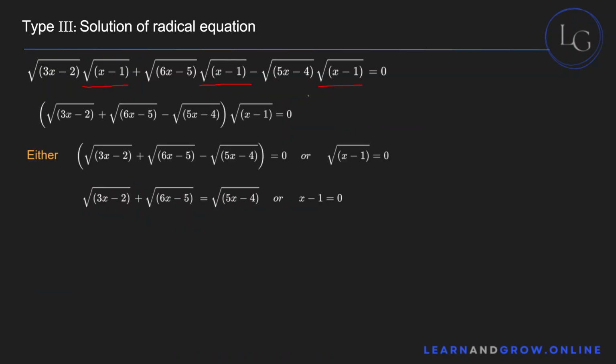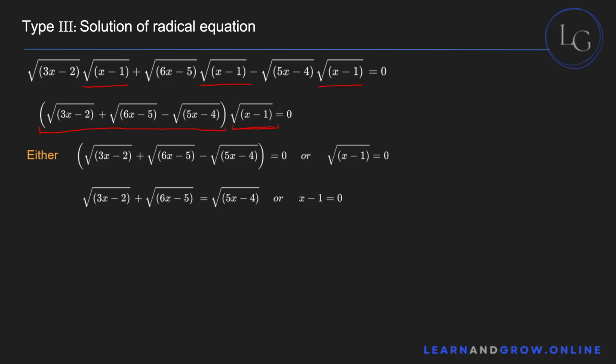So, you've taken the term on the right hand side to the left hand side and put a 0 on the right hand side, and now you've taken the under root x minus 1 common in all three terms to get these two terms. So this whole term is either equal to 0 or this term is equal to 0.